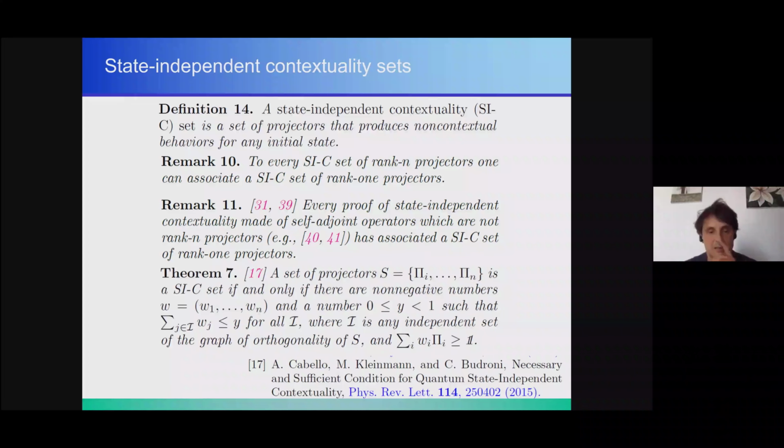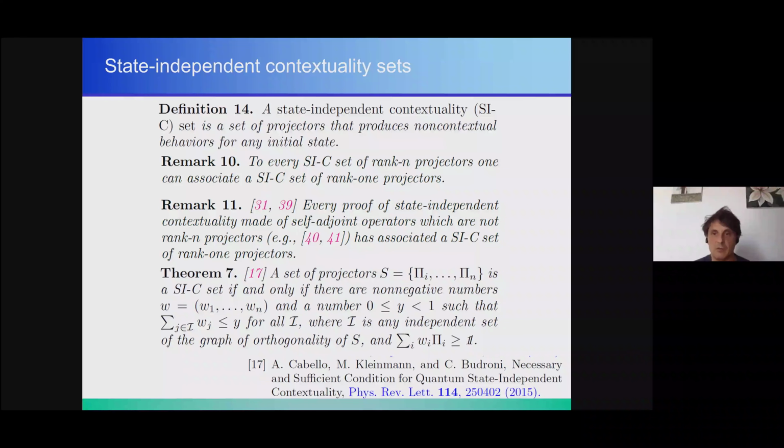And then there's a result together with Matthias Kleinmann and Costantino Budroni saying that a set of rank-1 projectors is a state-independent contextuality set if and only if there is a set of non-negative numbers satisfying a number of these restrictions.